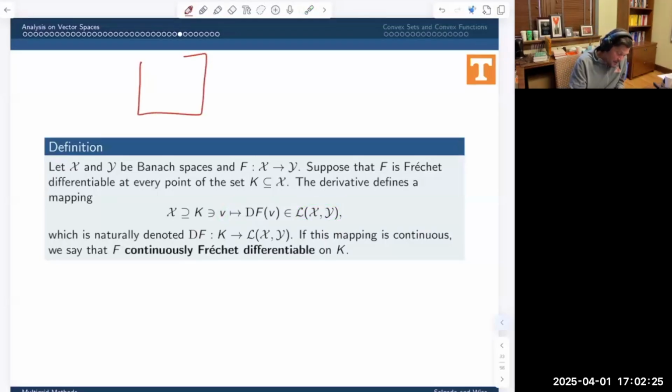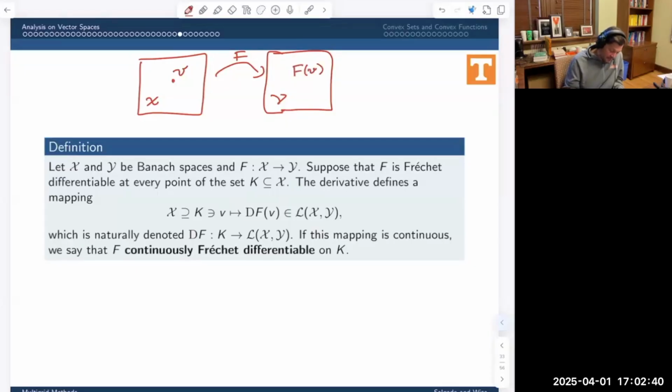I've got my space X, and f takes X to Y, right? That's what f does. It takes ordinary points, v, and maps them to f of v. But what does a derivative mapping do? The derivative mapping is a little bit different. You have to be careful.